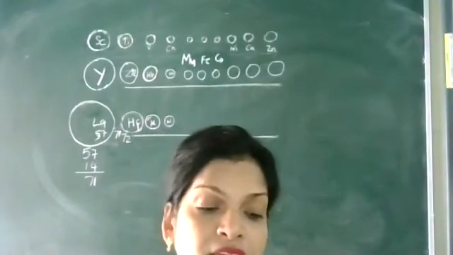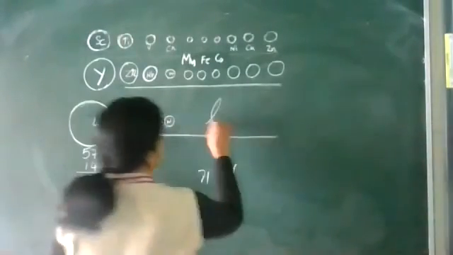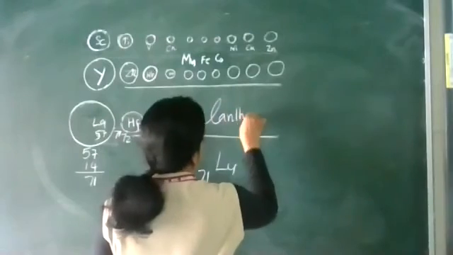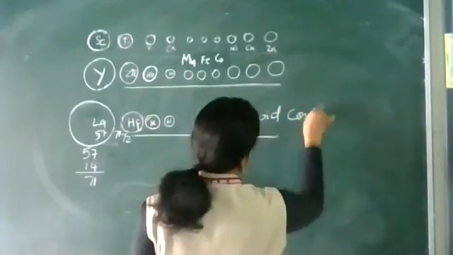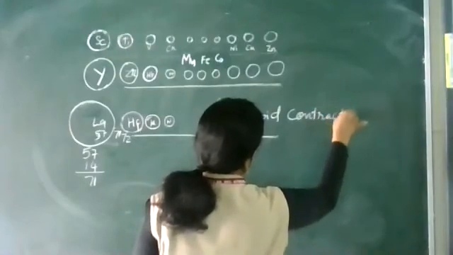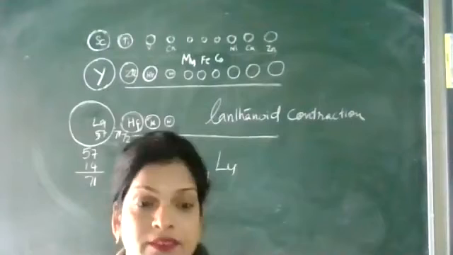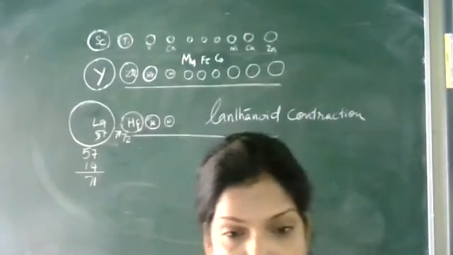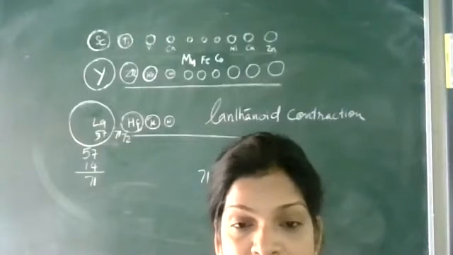This is called lanthanoid contraction. This is to be written like this only. Underline that imperfect and, in the bracket, very poor.